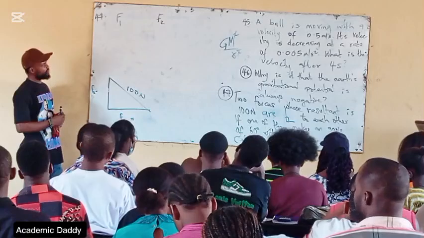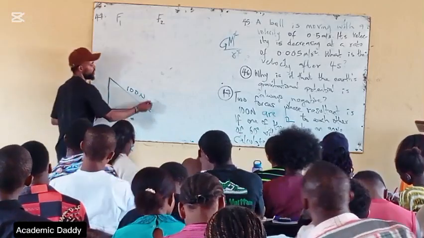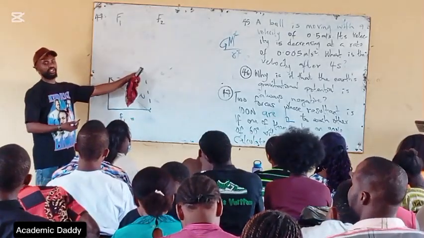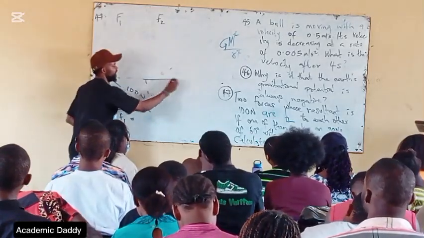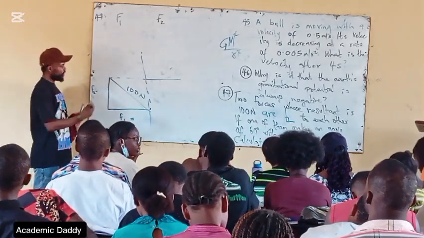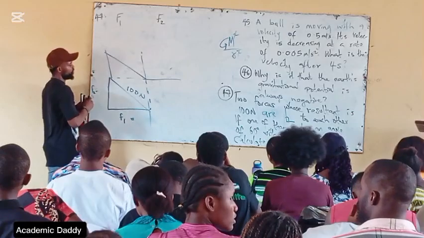For me to resolve this, I'll ask myself, if I have something on this end and something on this end, notice that this is my x, and this is my y. So if I succeed in pulling this way, let's say this is the 90 degrees.